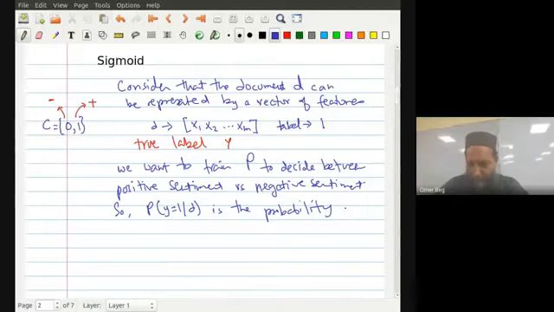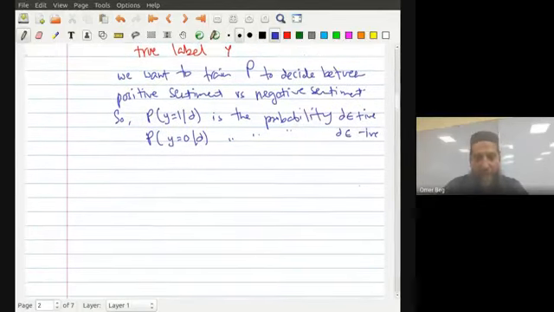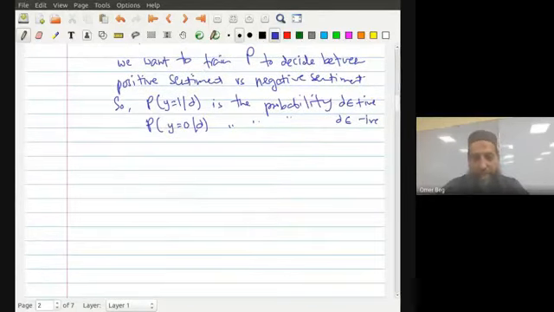And hence, the probability of y being 0 would mean the probability of D belonging to the negative class. And then we train a function for this purpose.